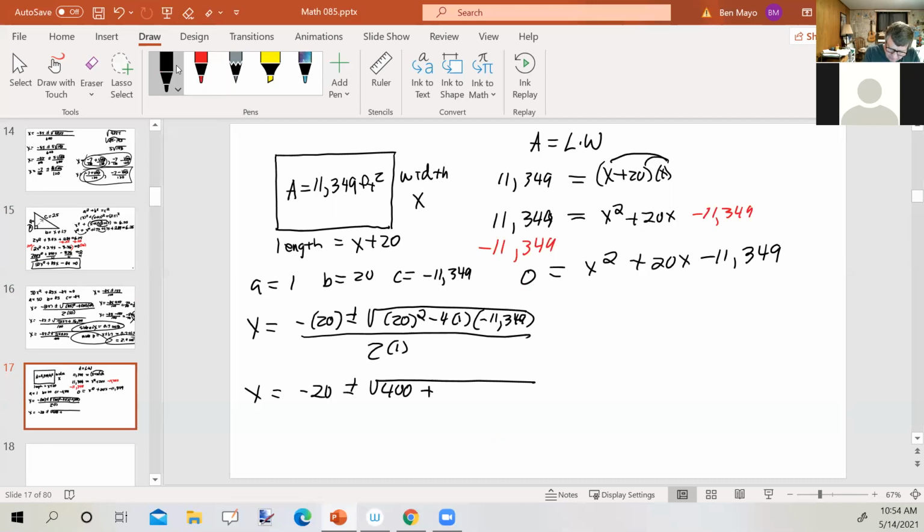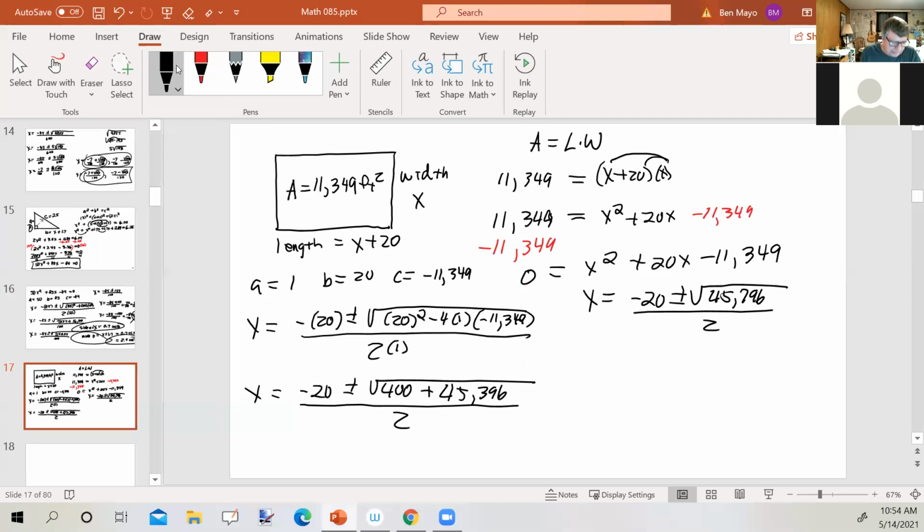So we've got 4 times 1 times 11,349, and that is 45,396, all over 2. So then X equals negative 20 plus or minus the square root of 45,396 plus 400, which is 45,796, all over 2.